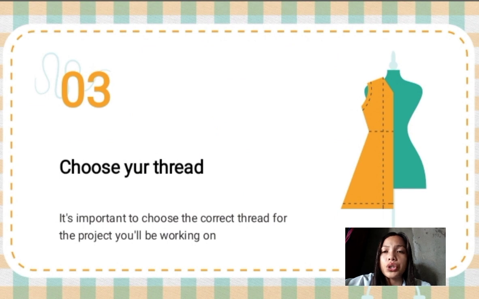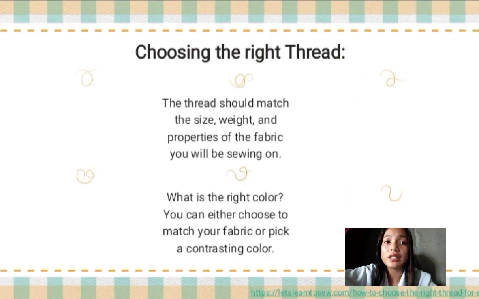So next is choose your thread. It is important to choose the correct thread for the project you'll be working on. So dapat magkapareha ang kulay ng iyong sinulid at ng telang gagamitin. So choosing the right thread. The thread should match the size, weight, and the properties of the fabric you'll be sewing on.